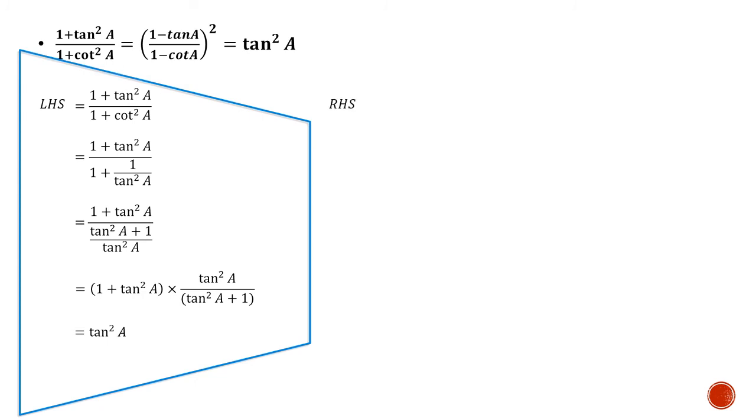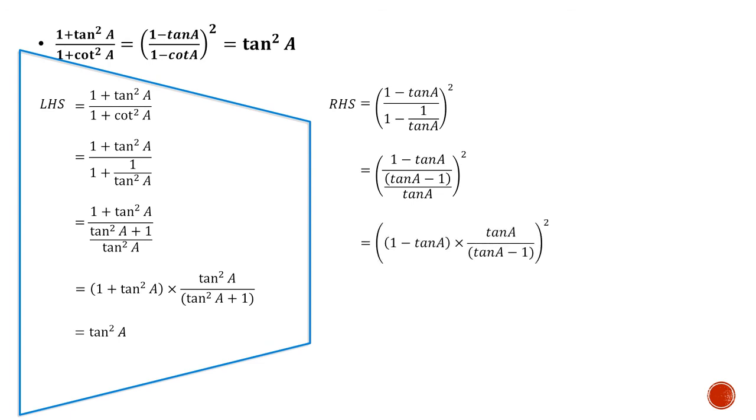1 minus tan A divided by 1 minus cot A, whole square. Once again, cot is not needed, so write the reciprocal of it, that is tan, and simplify it, which will give you this. More simplification, and yes, here the sign will be changing because it is 1 minus tan A, and this is tan A minus 1.